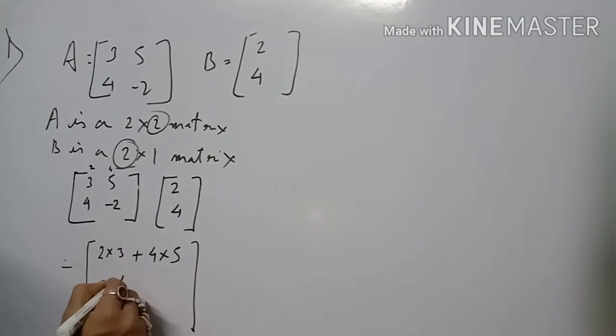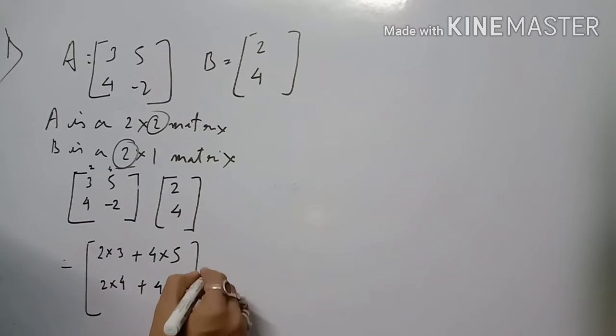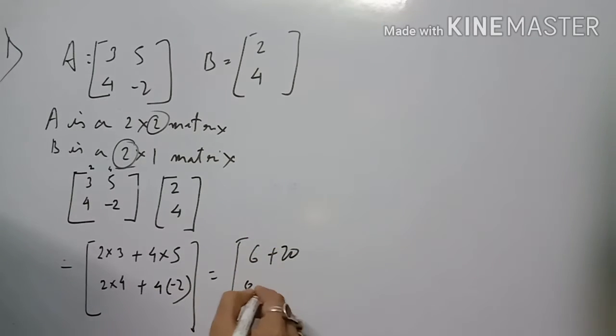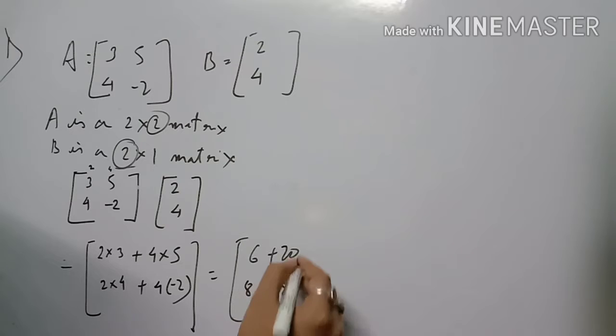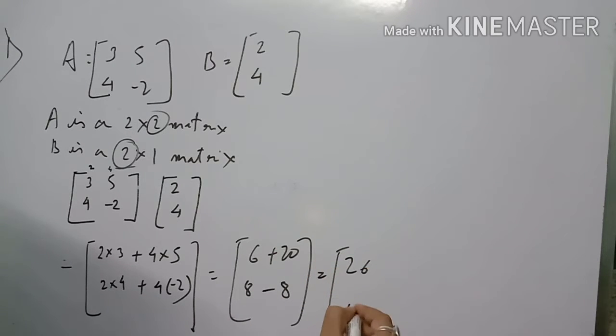Next, 2 is going to multiply 4, summing up with 4 multiplied with minus 2. So we're getting 26, 0 as our answer. It was a very easy sum. Let us proceed to the next sum.